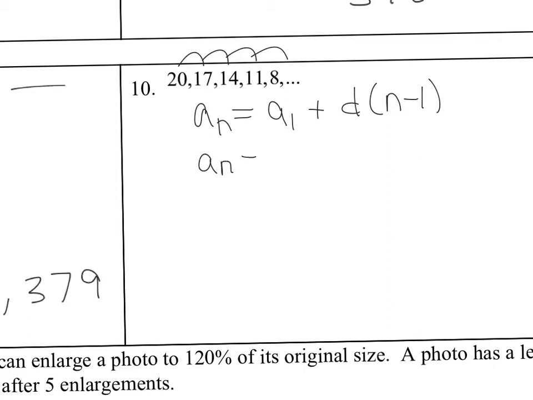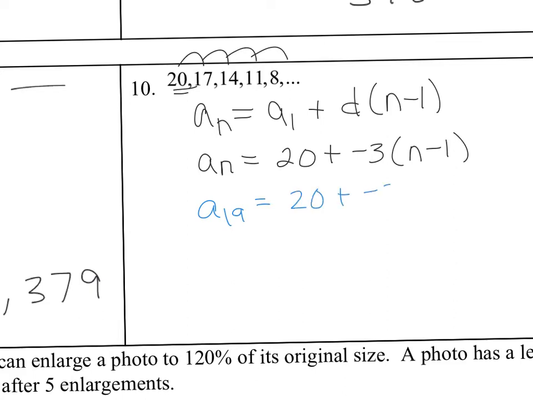So a sub n equals a sub 1, which is 20, plus the common difference. I'm going down 3, so it's negative 3 times n minus 1. To find the 19th term, I'm just going to plug in 19 for n. Then I plug it in my calculator, and I get negative 34.